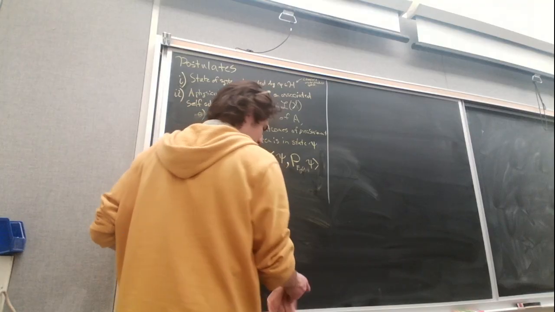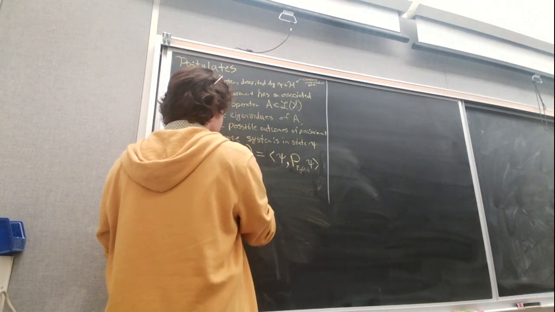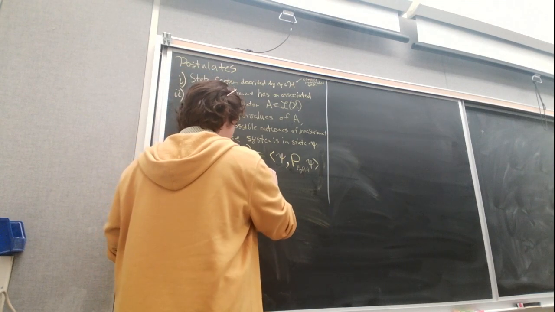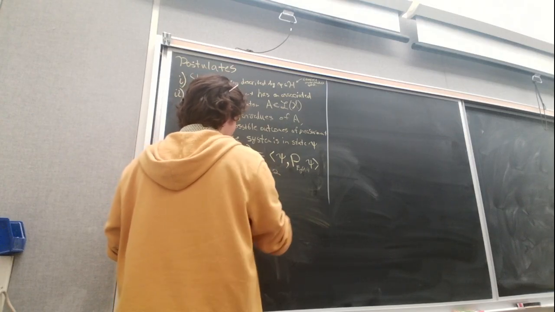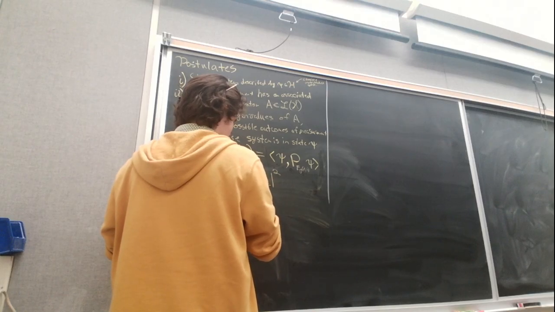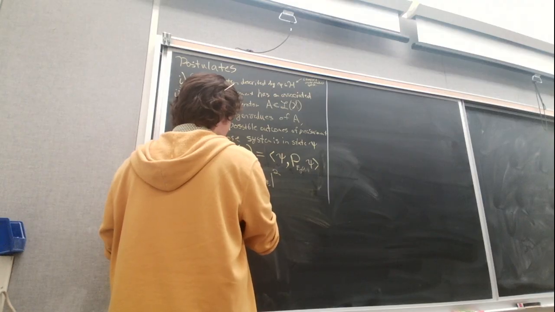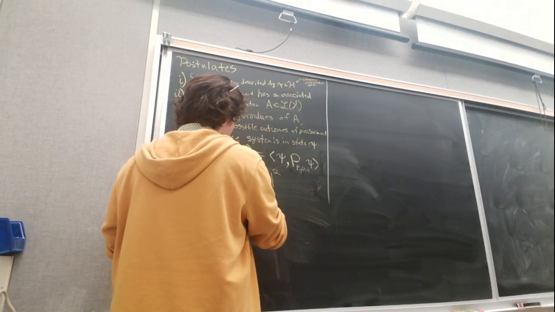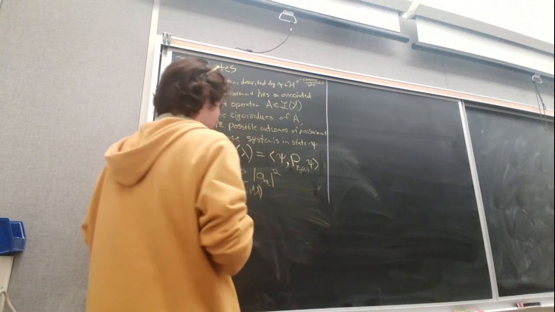Maybe one way to write this is A psi lambda squared, where psi lambda is in the eigensubspace of A with eigenvalue lambda. Okay?